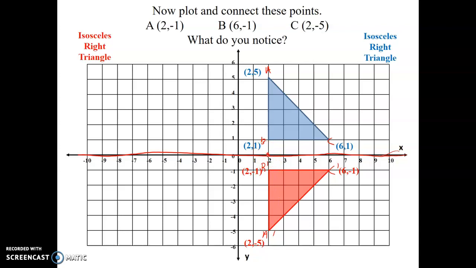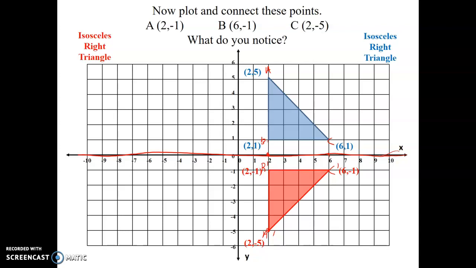If I count down 5 more, 1, 2, 3, 4, 5 units, I'll get to A prime. B is 1 unit from the x-axis. B prime is 1 unit from the x-axis. C is 1 unit from the x-axis. C prime is also 1 unit from the x-axis. So what I've created here is a reflection over the x-axis.